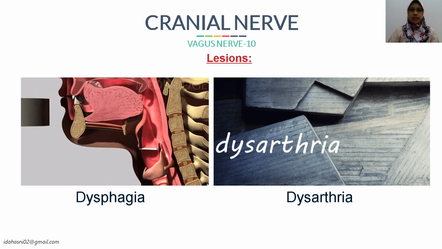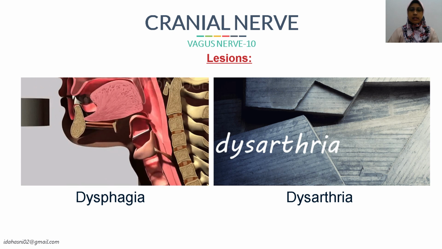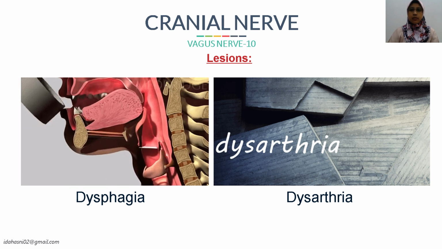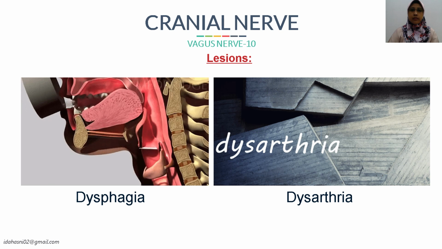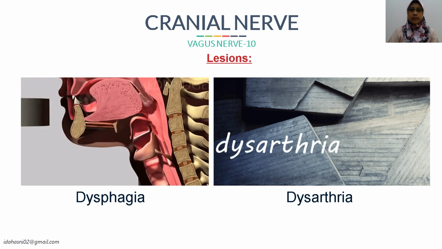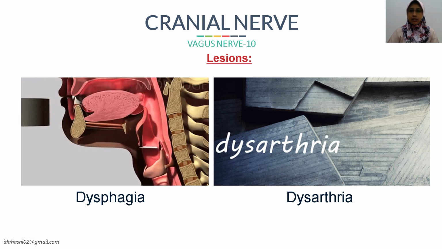Any lesions at the root of the vagus nerve will result in dysphagia, which is unilateral paralysis of pharyngeal and laryngeal musculature, and dysarthria, which is weakness of the laryngeal muscles and the vocalis muscle, causing speech difficulties.